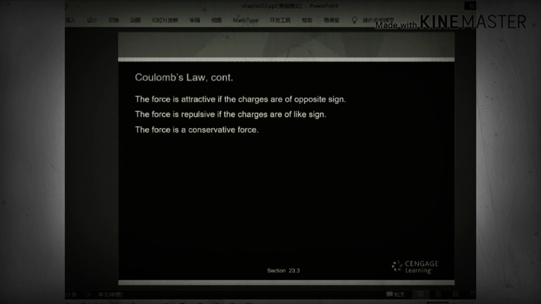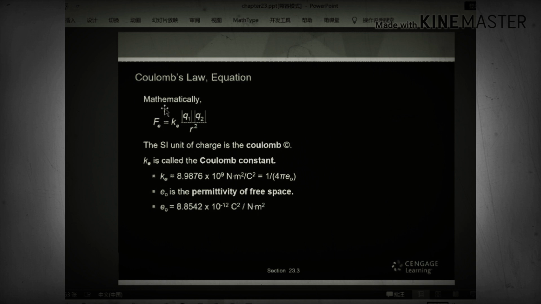Written mathematically, Coulomb's law looks like this. So this is a force. Usually people call the force between two charges the Coulomb force.